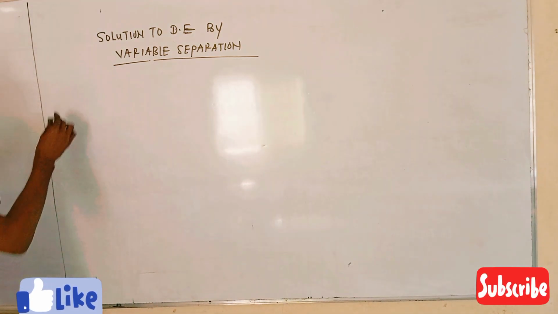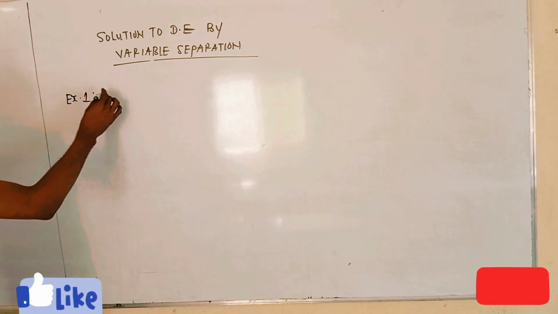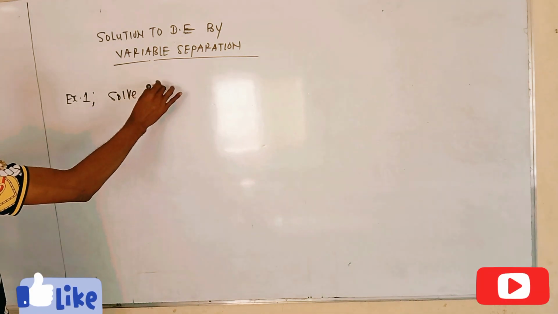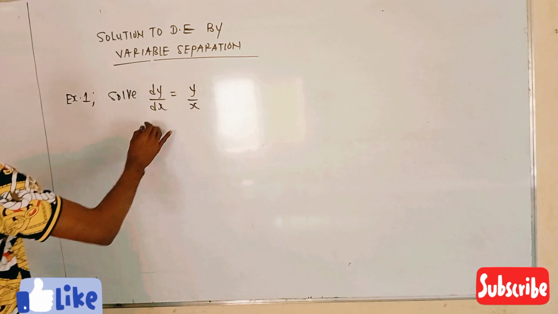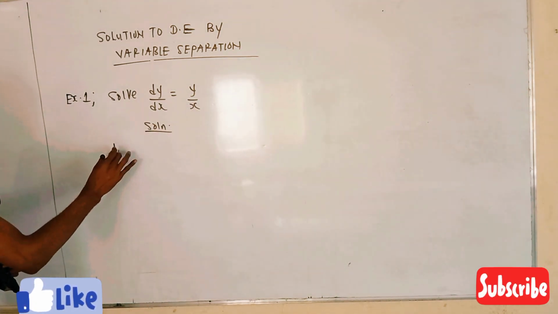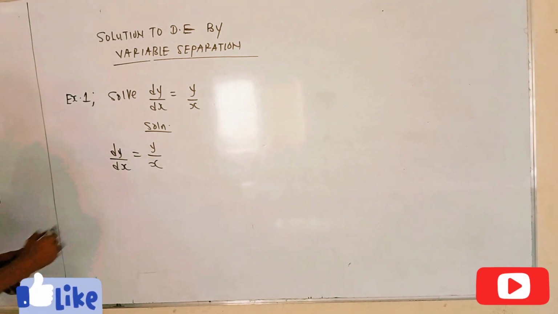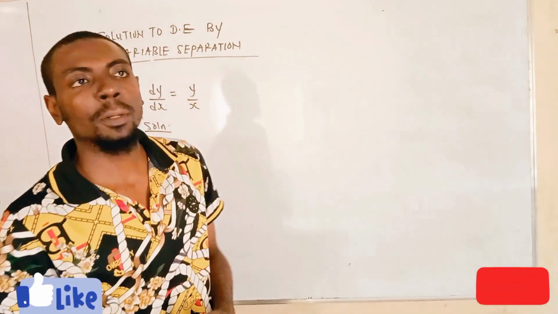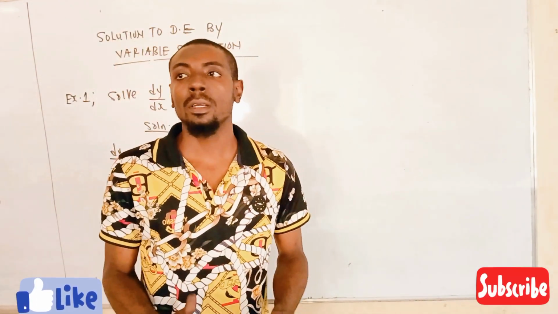Example 1. Solve dy/dx equal to y over x. So how do we go about this? The first thing to do, whenever you are solving variable separation, is to cross multiply. That's the basic.